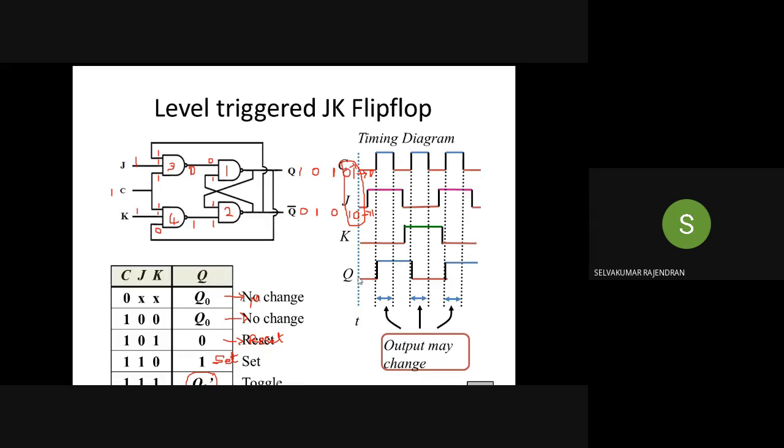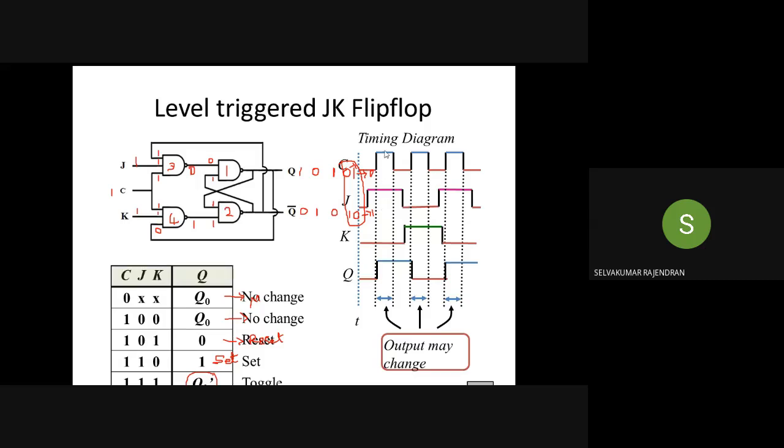Previously we are assuming output Q is 0. If the clock is disabled or logic 0, Q maintains its previous state value. When the clock is enabled, Q depends on the applied inputs.